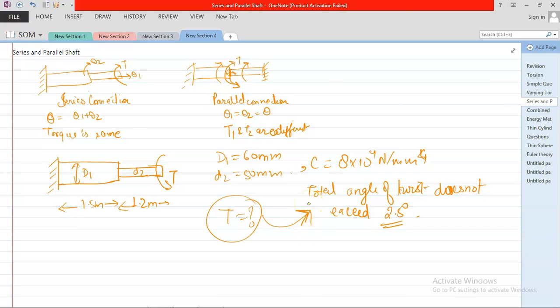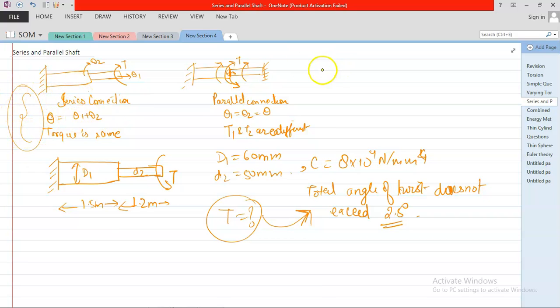So I am giving you 1 minute. Please solve. Don't solve it, at least think about it. I explained the concept, that is this one here.